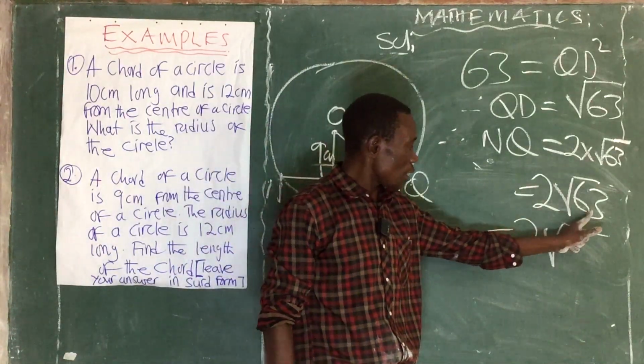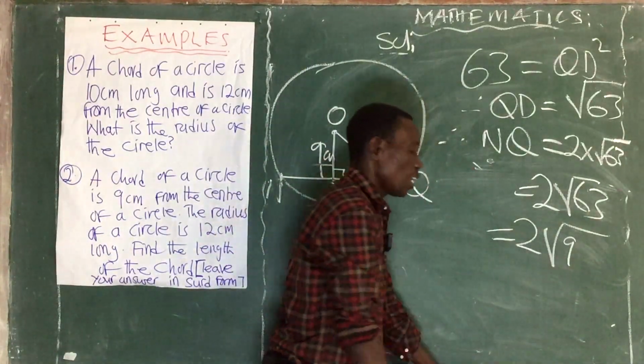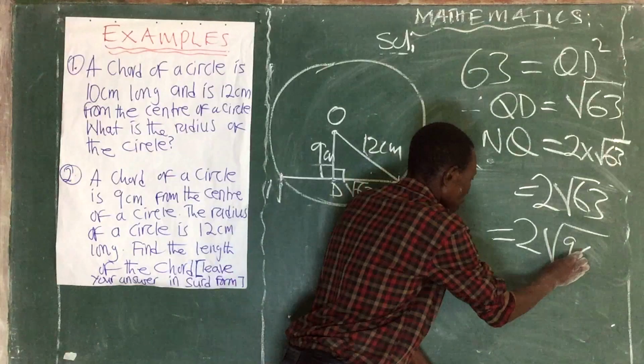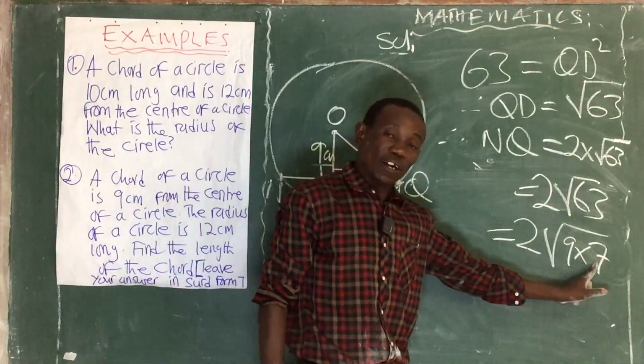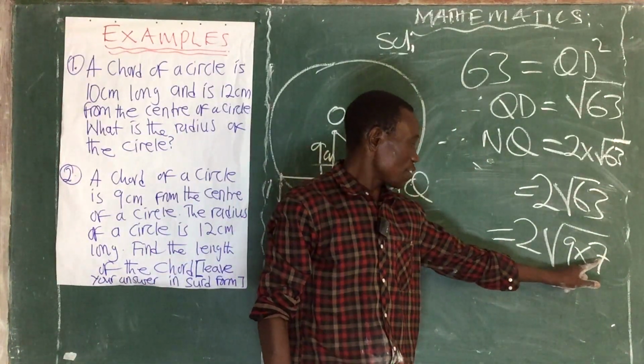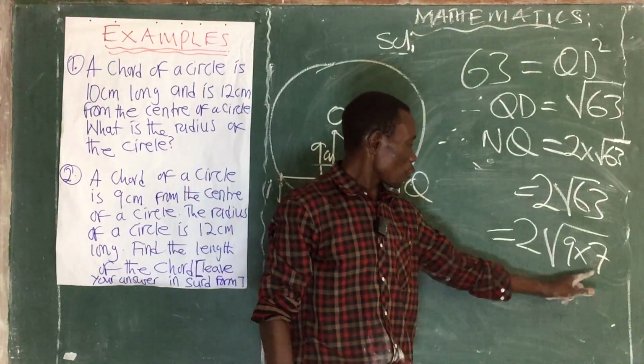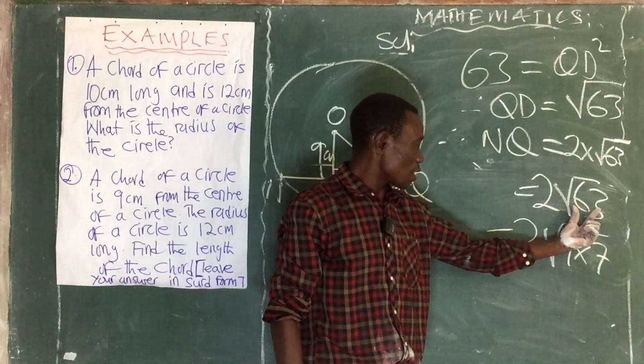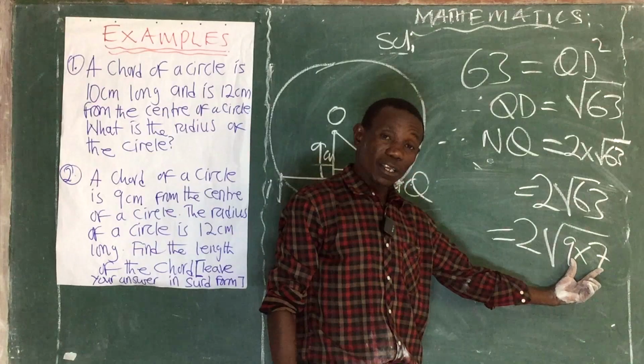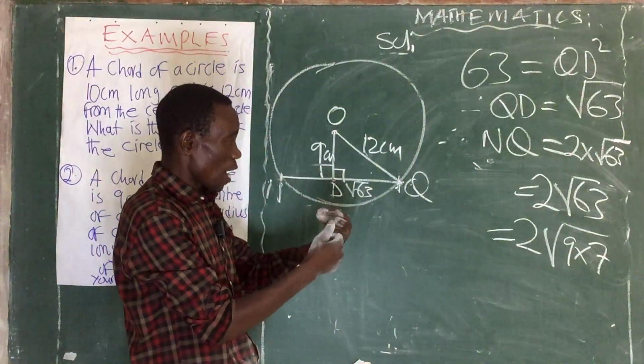So in 63, we have got 9, a perfect square in this case, multiplied by 7. When I split the 63 into 9 times 7, I can simplify the terms inside.